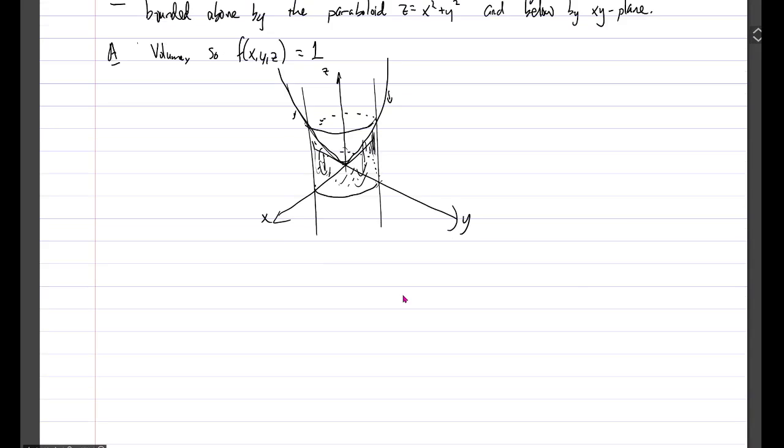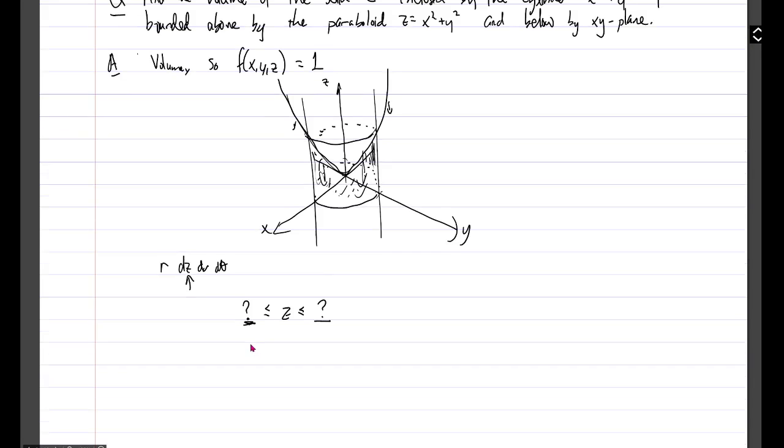If we're going to go with that order of r dz dr d theta, then we need bounds for z first. Just to outline the order here, we should find the smallest z and largest z, and z can be written in terms of r's and thetas.